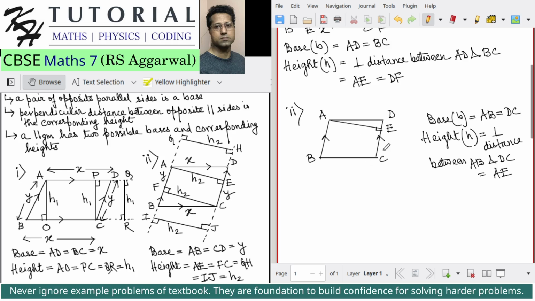So AE will be the perpendicular distance between AB and DC. Now similarly, I can draw many other perpendicular distances between the sides AB and DC.